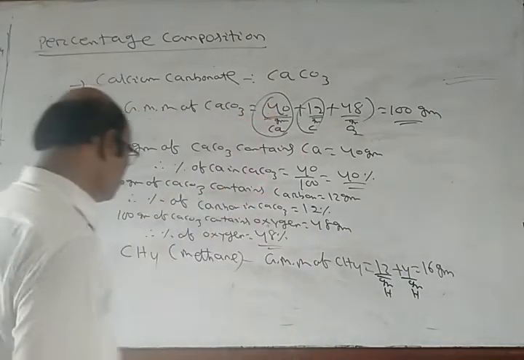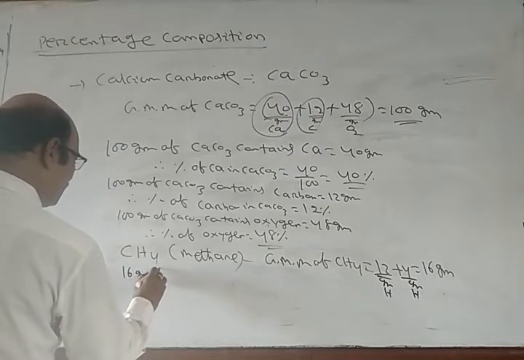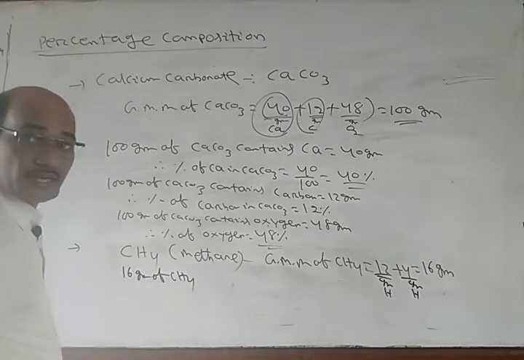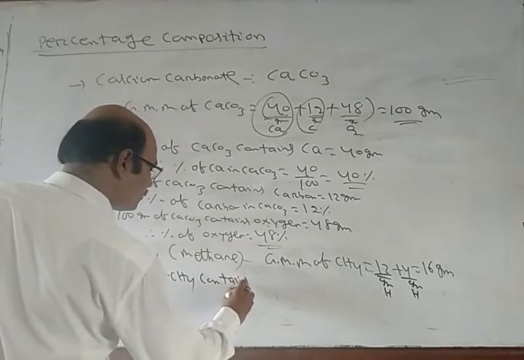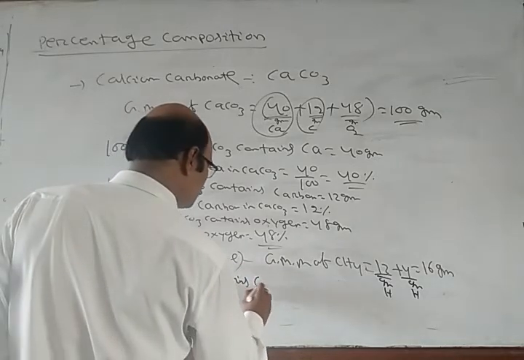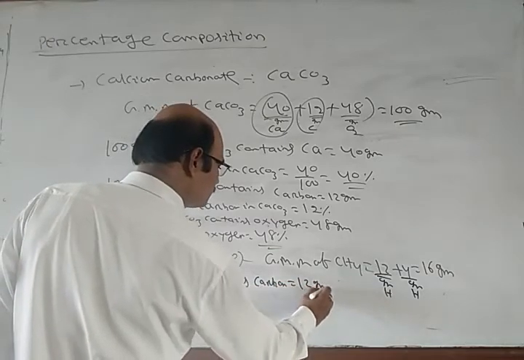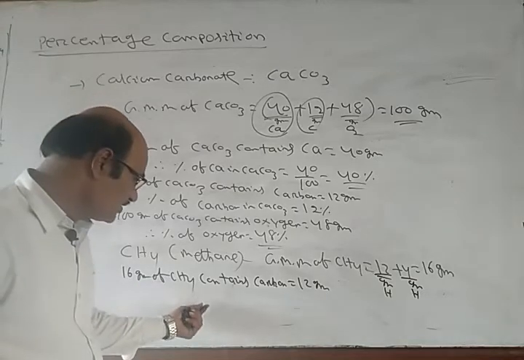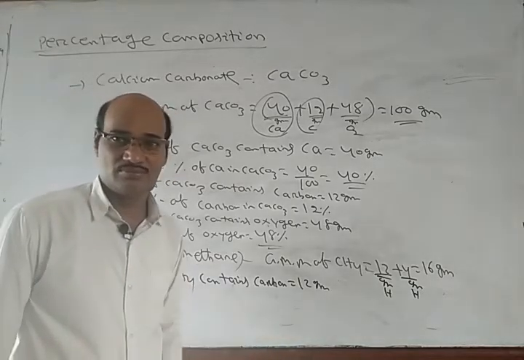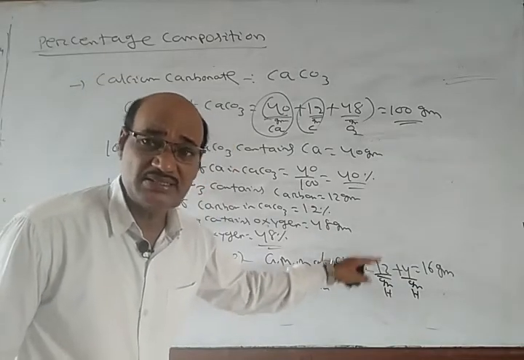So what will I write here? 16 gram of methane contains carbon equal to 12 gram.